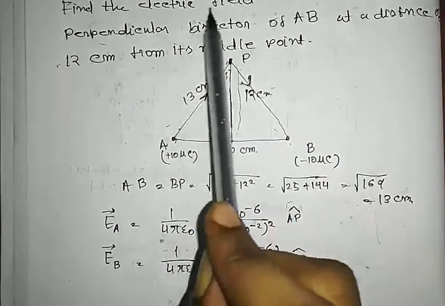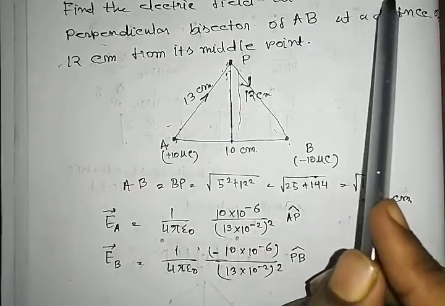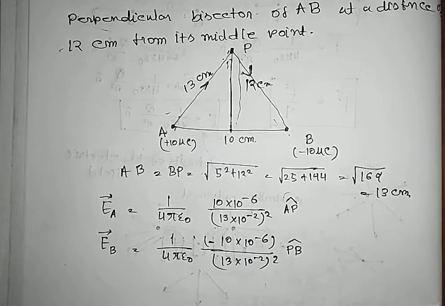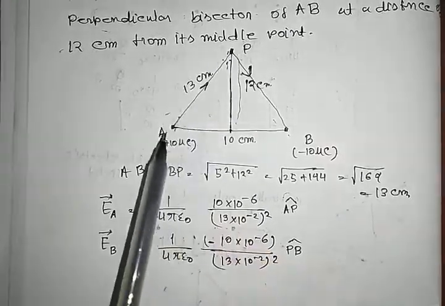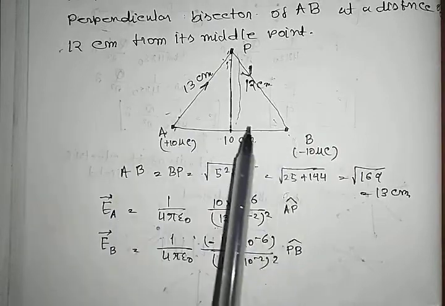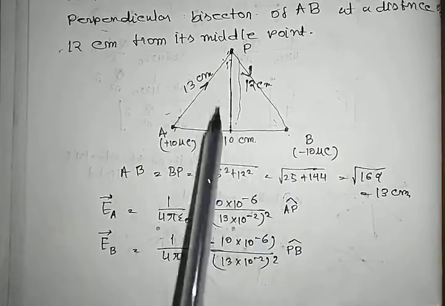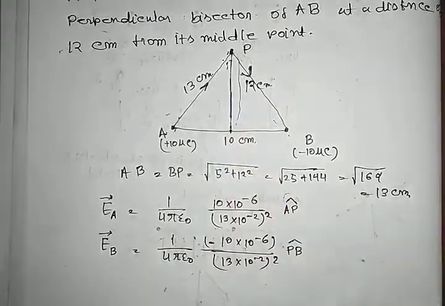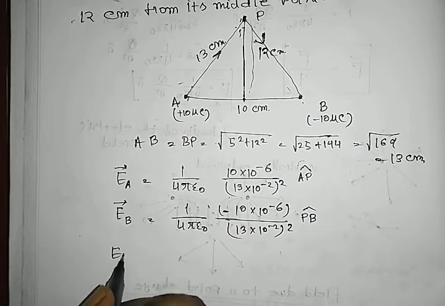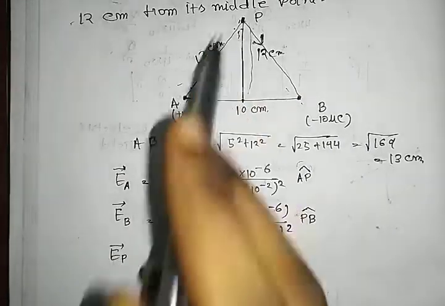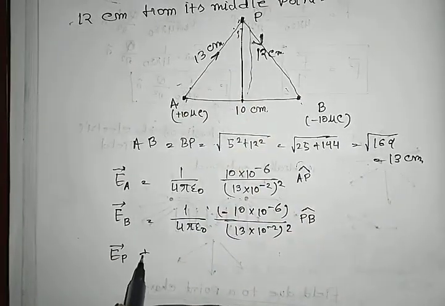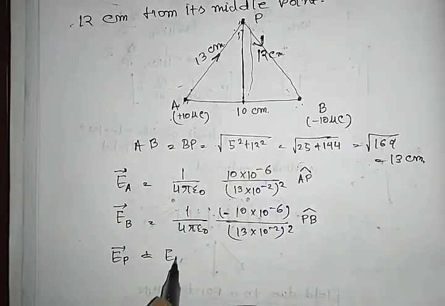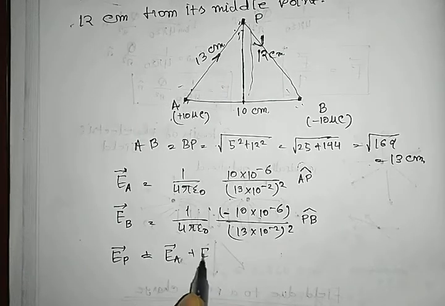Now we need to find the total field at point P. By the superposition principle, the fields due to the two charges can be summed. So the electric field at P, which we can call EP, will be the sum of the electric fields due to this charge and this charge, so EA plus EB.